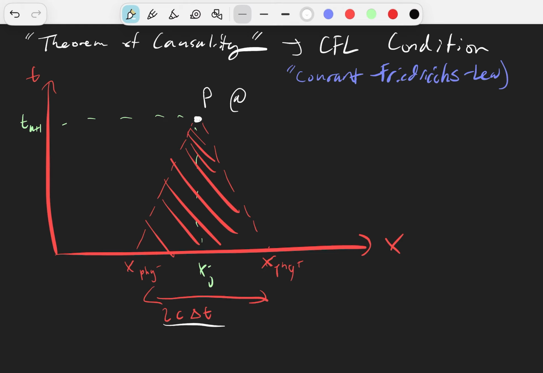Now, what the machine actually does, well, ideally what it should do is this, all right? And again, these slopes, this would be 1 over c, right? Because physics dictates this because of the speed of light, or the speed of light within whatever medium, whatever physically is happening, right? That's essentially what this slope is.